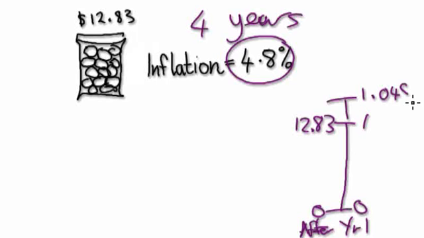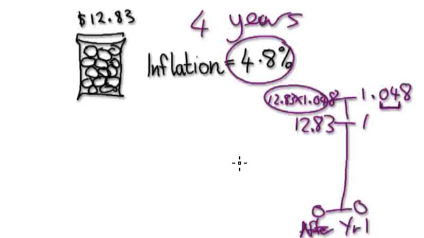Have a quick glance at this. This means it's 4%, so 4.8% will be 1.048. So our new price will be 12.83 times 1.048. And then year two, well, this will be a new 100%, remember.